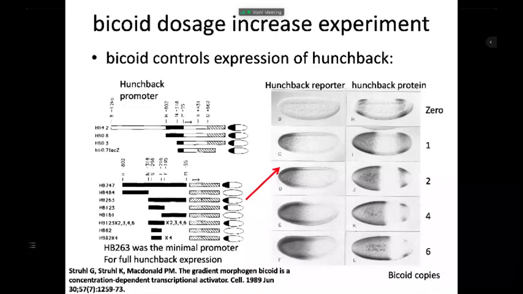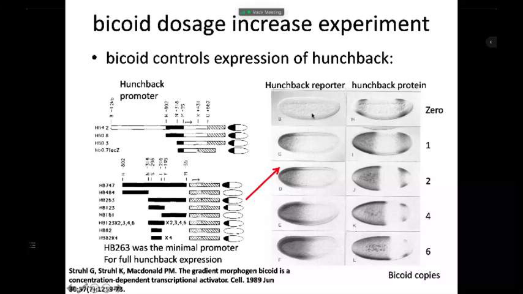So now, how is it that different levels of bicoid can cause different effects? Well, we can determine this by doing a bicoid dosage increase experiment. And this experiment shows that bicoid controls the expression of hunchback.